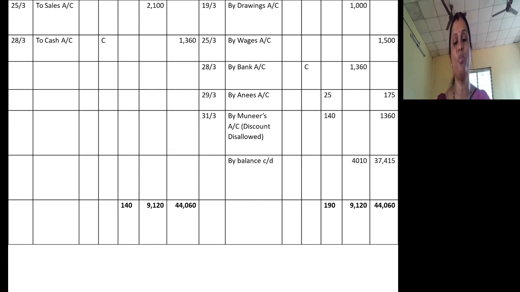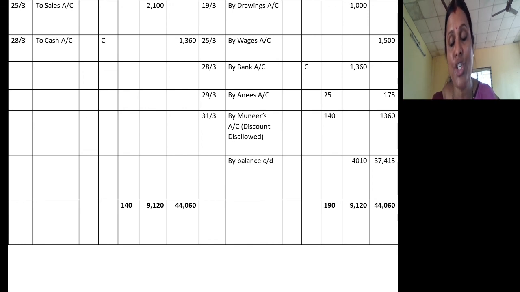Afterwards, we have to balance only two columns on both sides, cash column and bank column. We should not balance the discount column on both sides. We just record the total. When we calculate the total on the debit side of the discount column, we arrive at a total of 140. As for the credit side of the discount column, we arrive at a total of 190.